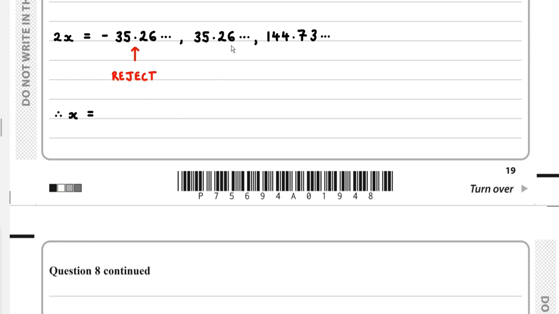So 35.26, etc. divided by 2, that gets us 17.6 degrees to one decimal place, and 144.73, etc. divided by 2, that will give us 72.4 degrees to one decimal place.